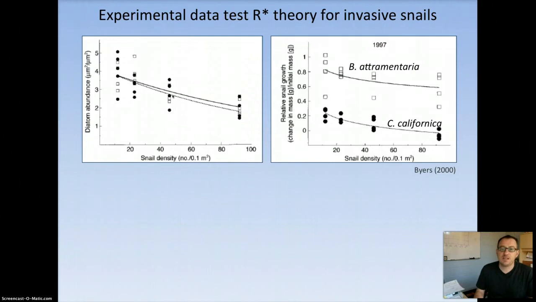However, given a relatively consistent consumption rate between the two species, the actual growth rate of the invasive species, Batillaria, is significantly higher. And so for the same amount of consumption, it's doing better at turning that into population growth. And so actually individual growth, which is also going to lead to survivorship and high fecundity, and so it's going to translate into population growth.